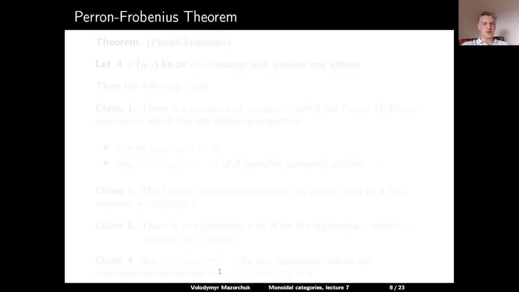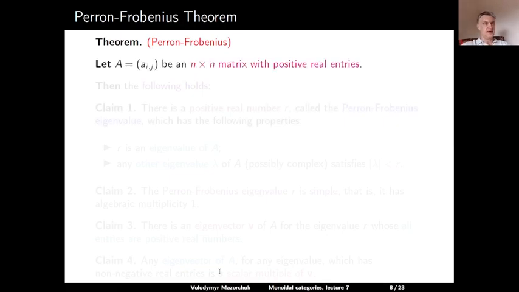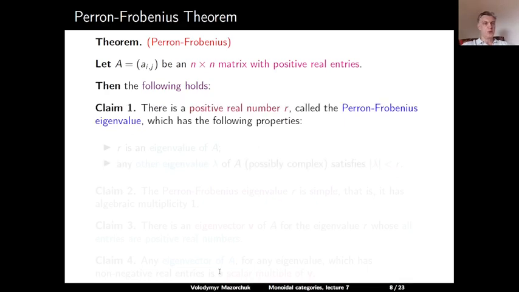Now let us talk about the Perron-Frobenius theorem. Theorem due to Perron and Frobenius. Let A be an n times n matrix with positive real entries. Then the following holds. Claim 1. There is a positive real number R, called the Perron-Frobenius eigenvalue, which has the following properties.